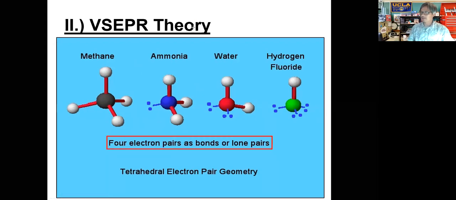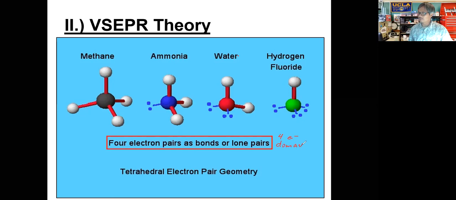Essentially, we have 4 electron domains around all of these, so in each one of these molecules we have 4 electron domains.